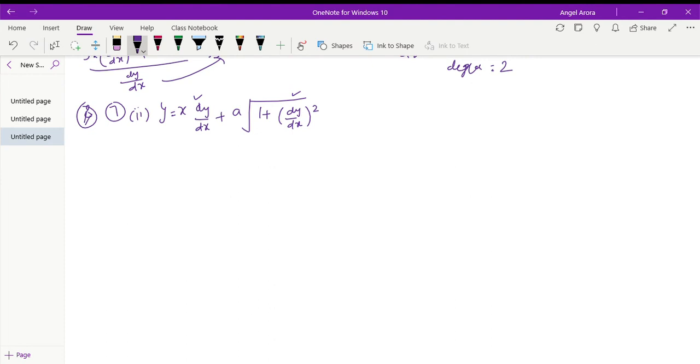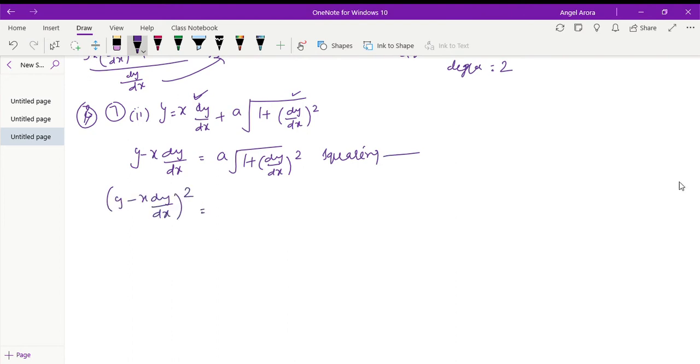So first we will have to convert this into polynomial form. So y minus x dy upon dx equals a times square root of 1 plus dy upon dx whole square, taking this term to the left hand side. If we square both sides, we get y minus x dy upon dx squared equals a squared times 1 plus dy upon dx squared, and the square root will be cancelled.